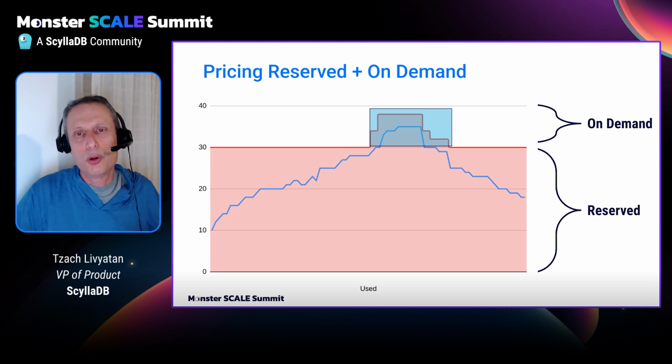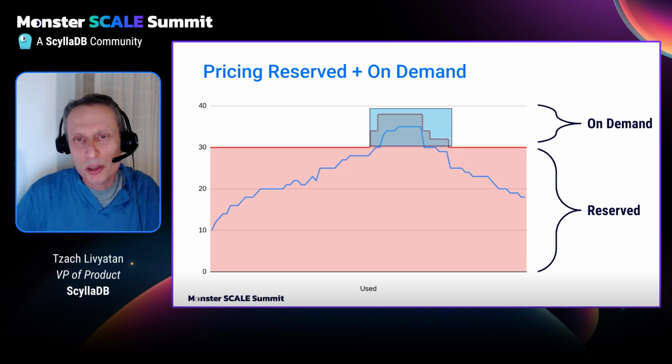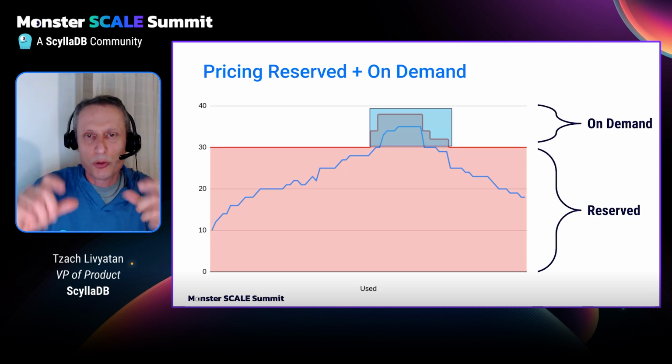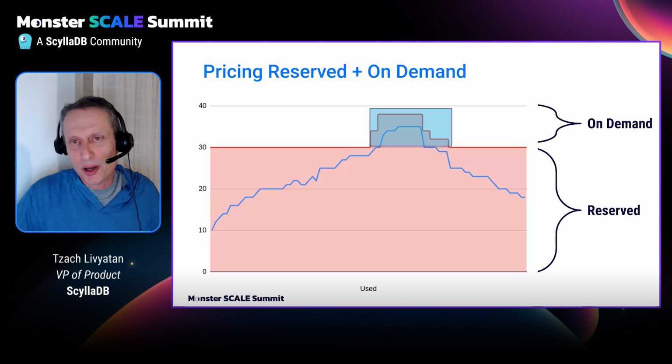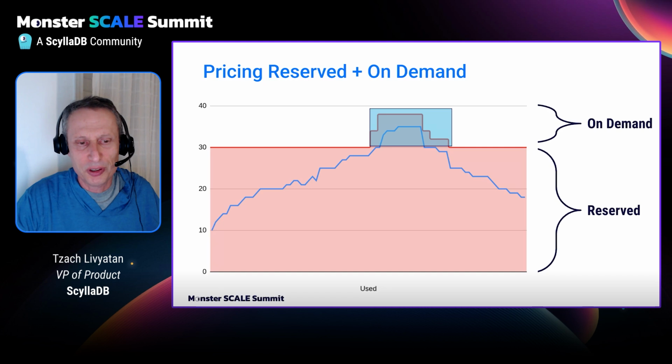Rather, Scylla Cloud will automatically scale the cluster for you, but you will have to pay the on-demand price, the highest price, for this extra usage. This might be fine, by the way, for many cases, and also you can sleep better at night knowing that if the cluster did scale beyond the reserve capacity, we will scale it for you. We wouldn't hurt the high availability of the cluster.